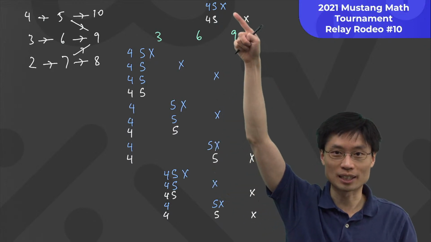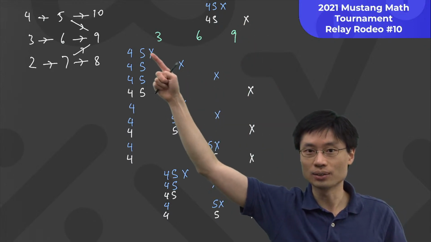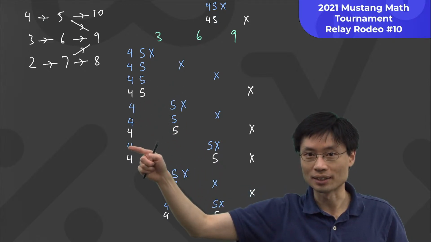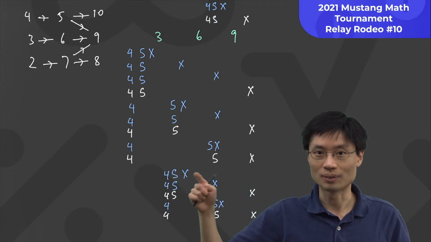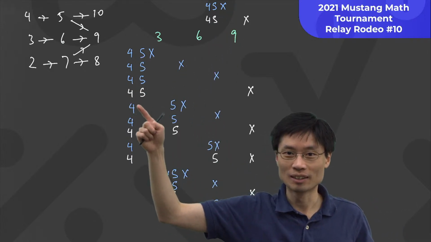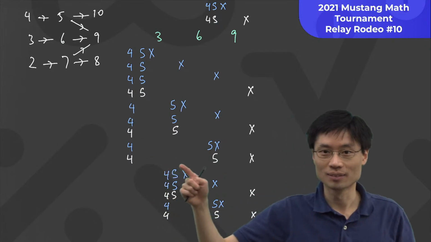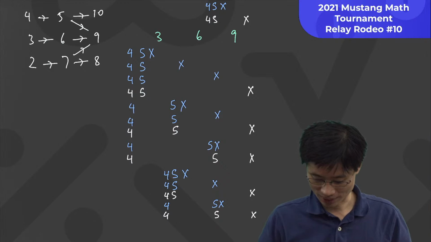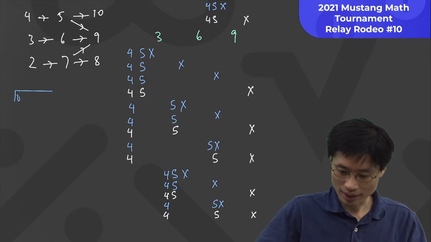How many options had the blue? 1, 2, 3, 4, 5, 6, 7, 8. Wait, I can't count. 1, 2, 3, 4, 5, 6, 7, 8, 9, 10. 10 blues, okay? So there's 10 blues.